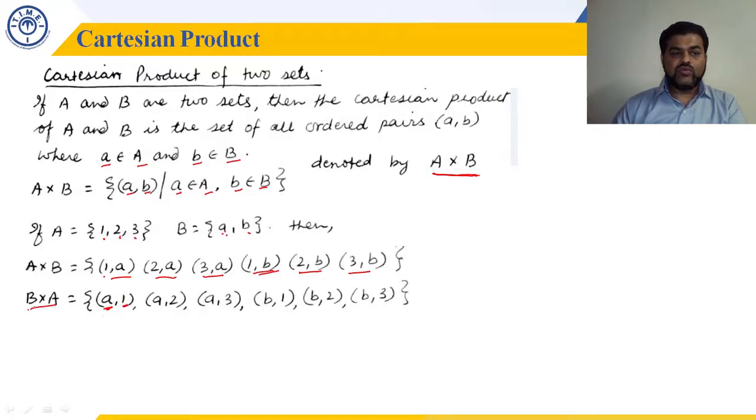So we'll have it the other way around: a1, a2, a3, then b1, b2 and b3. Fine. So this is how we'll get B cross A. So A cross B is not necessarily the same as B cross A.